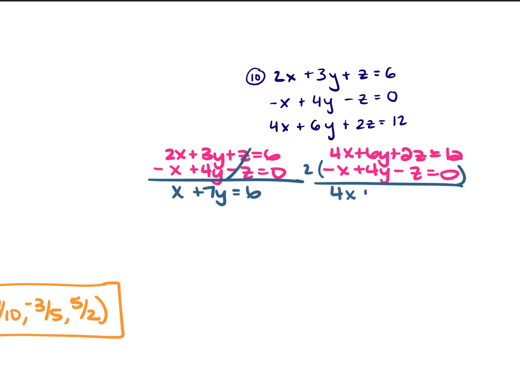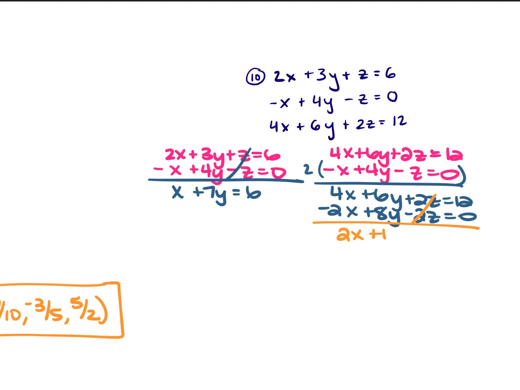So that top equation stays. Your bottom equation becomes negative 2x plus 8y minus 2z is equal to 0. We combine like terms. Our z's cancel. We're left with 2x plus 14y is equal to 12.